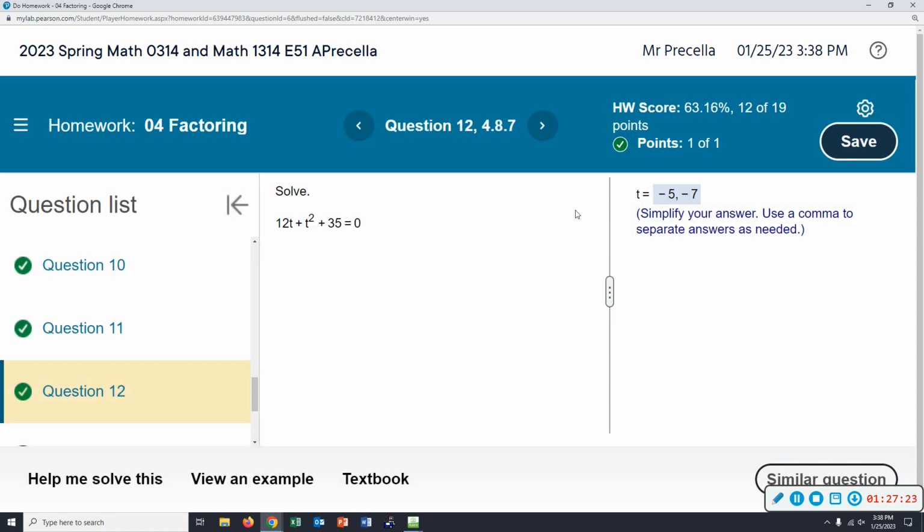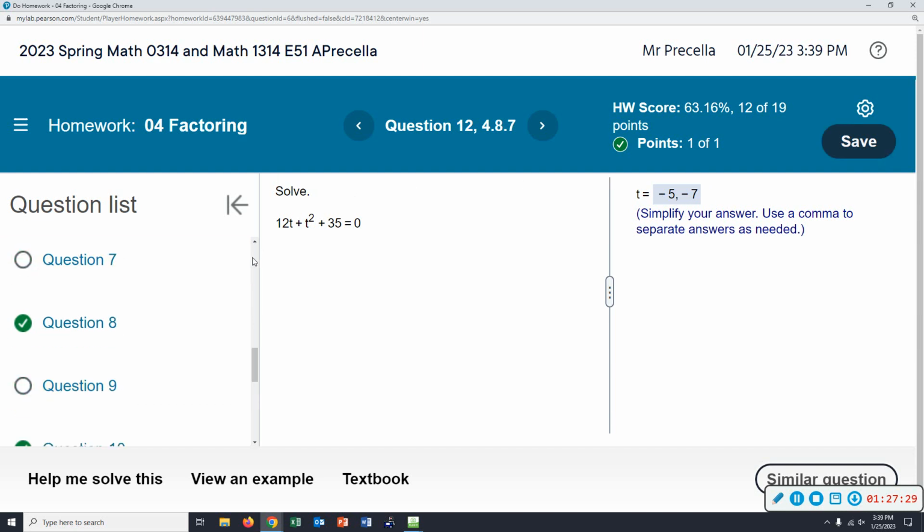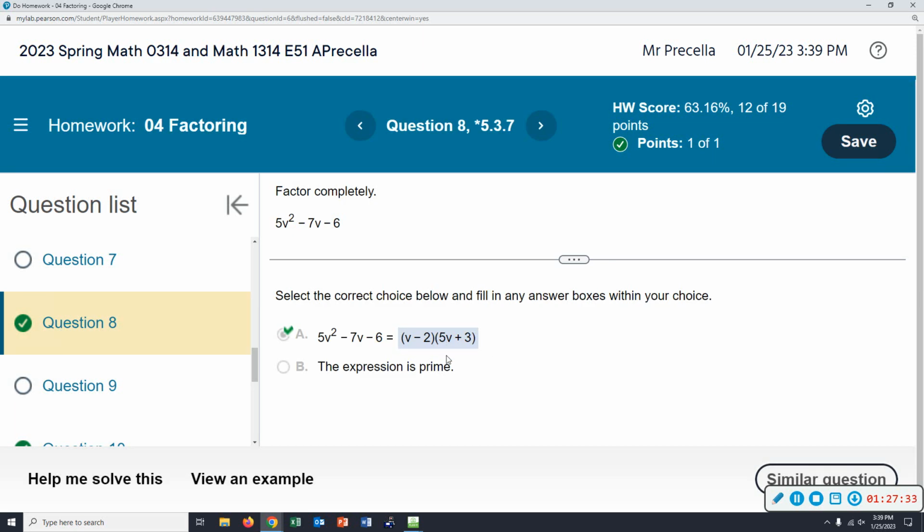Notice, if it says solve, that's when you have the numbers as your answer. If it says factor, that's when you have the parentheses as your answer.